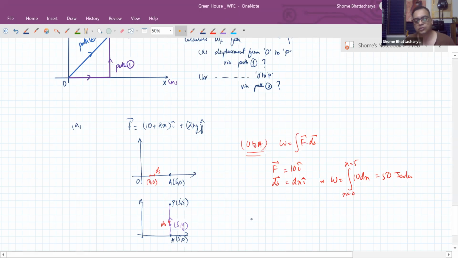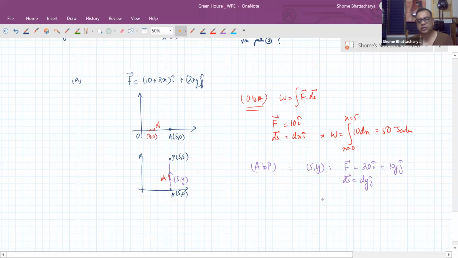Okay, so now for this second journey, from A to P, you can see that at a point 5, y, my force is becoming 20 i cap, plus 10y j cap. It has to be like this, because x is equal to 5 and y is equal to y. And my displacement ds is dy j cap.